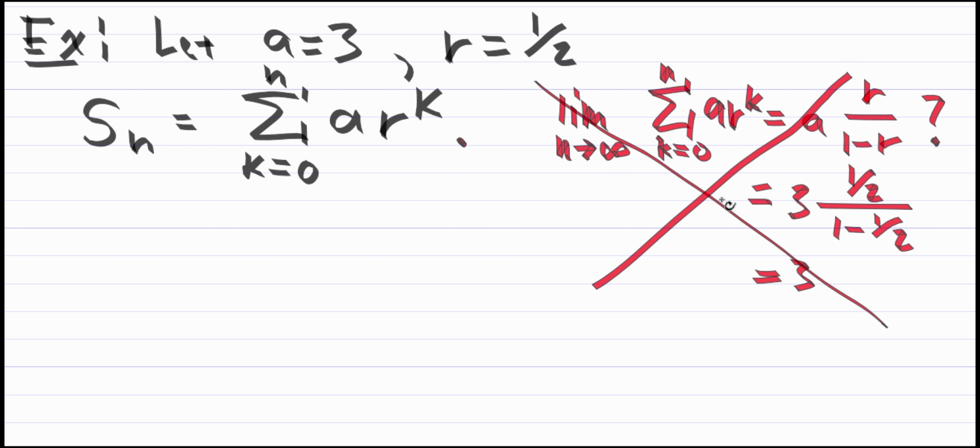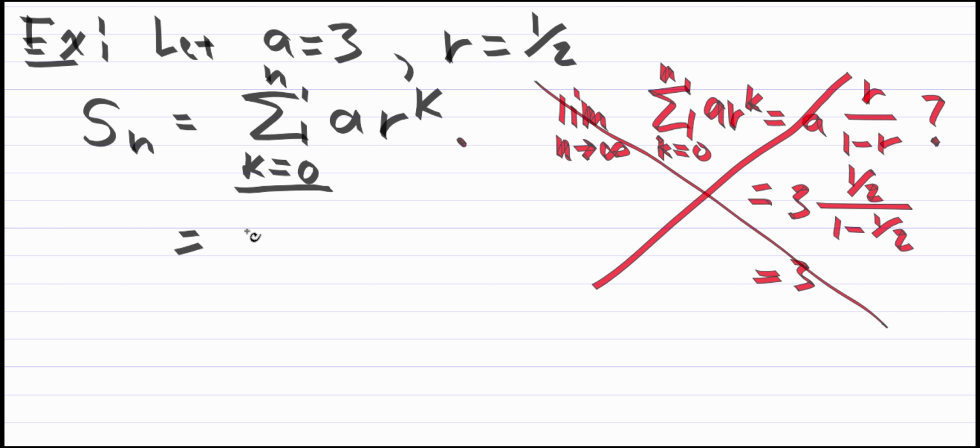Why is that? Because our formula was in terms of k equals 1 to n. This index is k equals 0 to n. And so we have to be slightly more careful. Well, how do we get k equals 1 to n? Well, we can change things up just a little bit by doing a little bit of algebra.